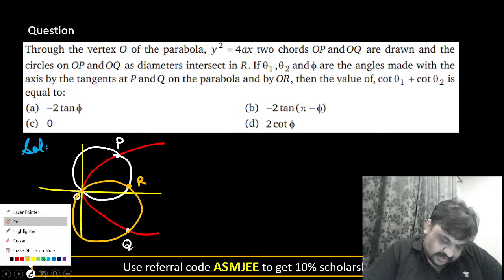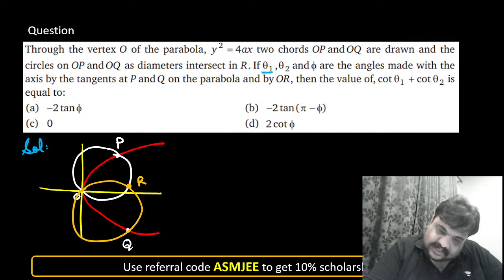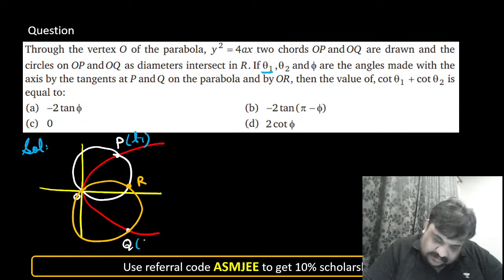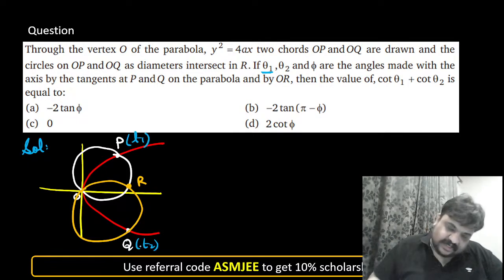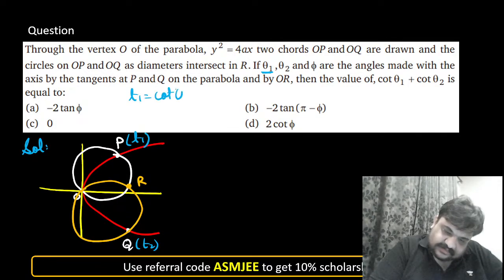Okay, so let's connect theta 1. So P is some T1 and Q is some T2, and note that T1 is cot theta 1, T2 is cot theta 2.